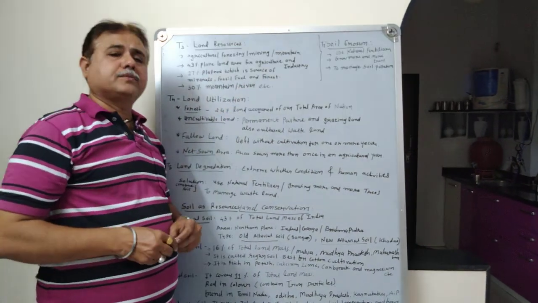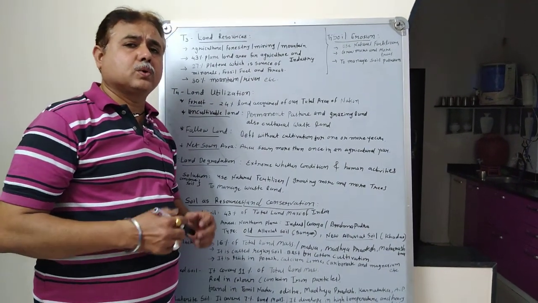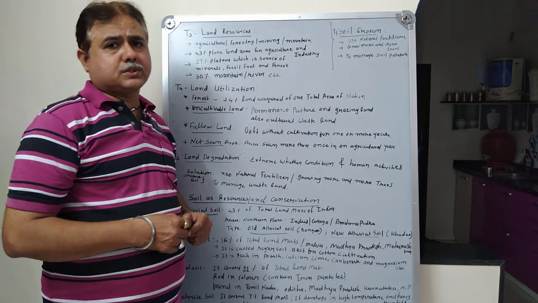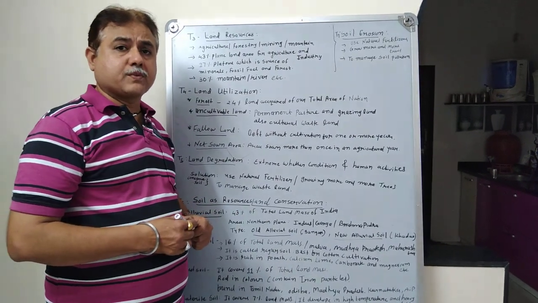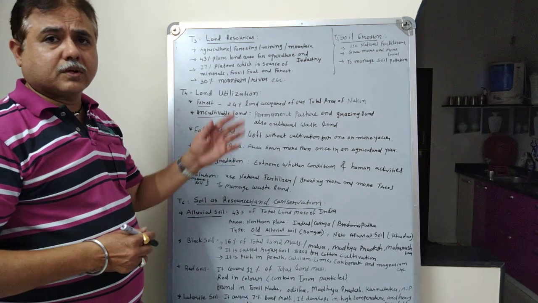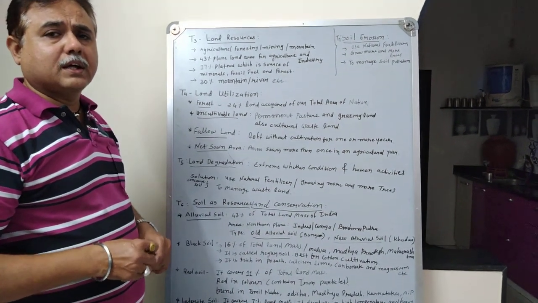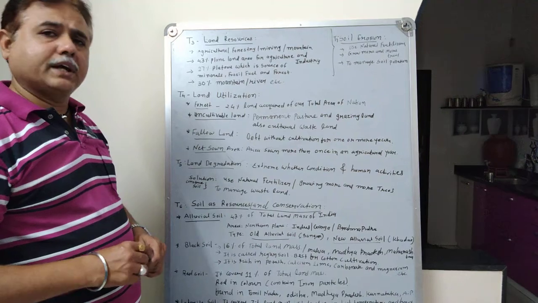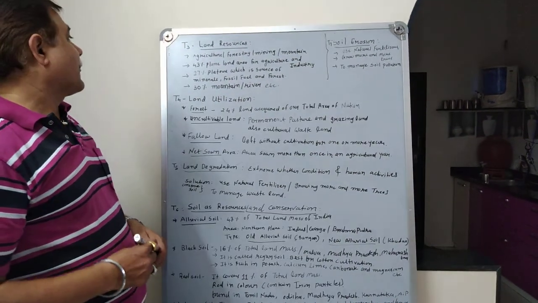Now, mountain. Mountain is also an important resource, a landform resource. We get many things from the mountains, just like marbles and other things.